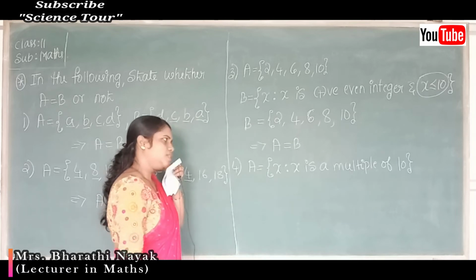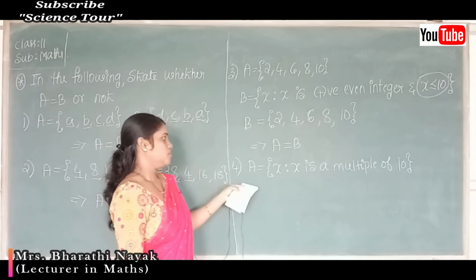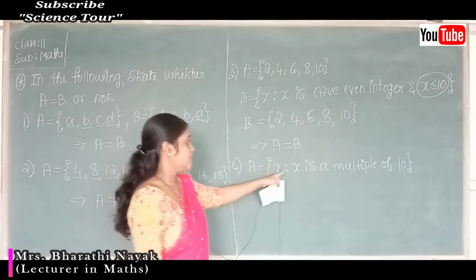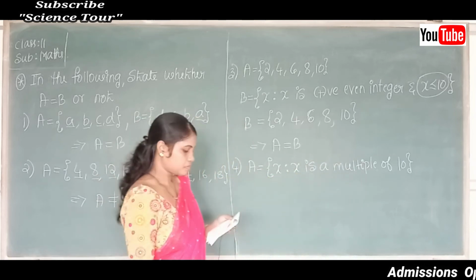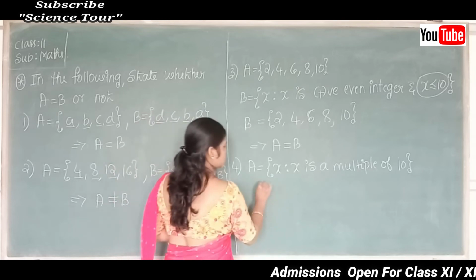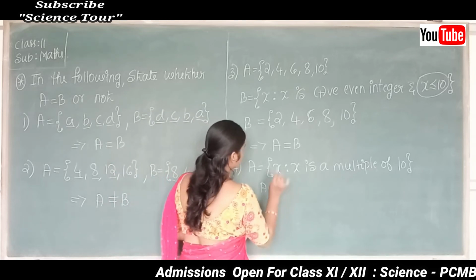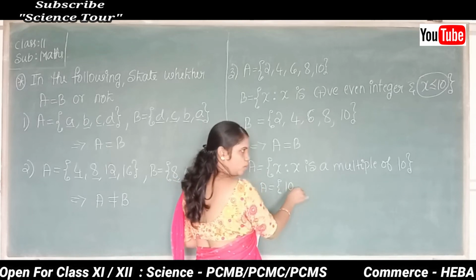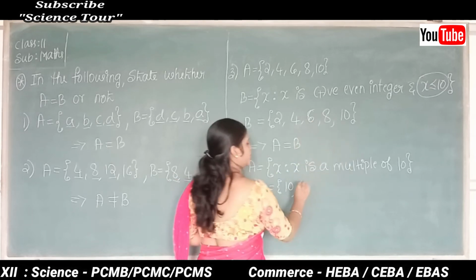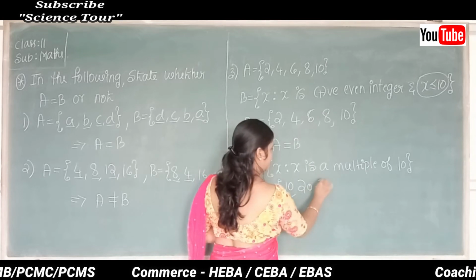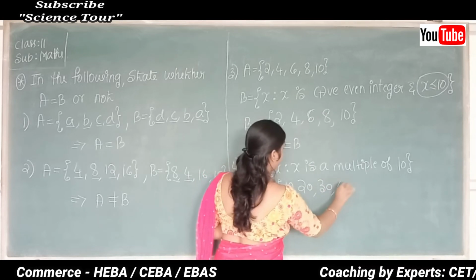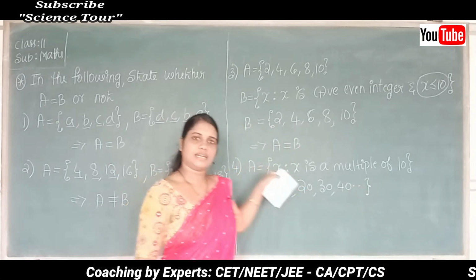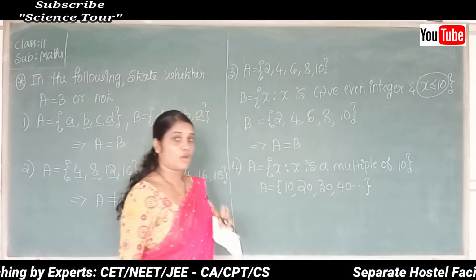So which elements will come under the set A? That x must be a multiple of 10. So therefore set A is nothing but, can you choose a multiple of 10? 10, first multiple is 10, 10 into 1, 10, 10 into 2, 20, next 10 into 3, 30, 10 into 4, 40 and so on. Okay. So there are infinitely many numbers there. Multiple of 10.